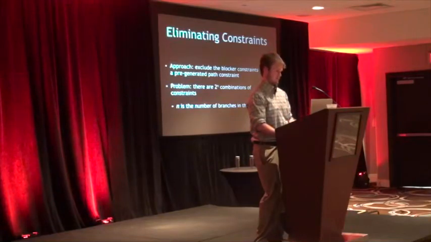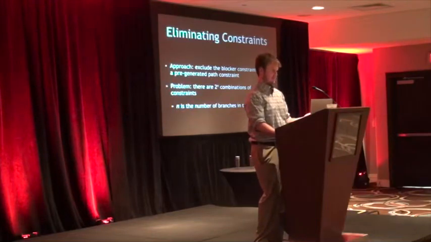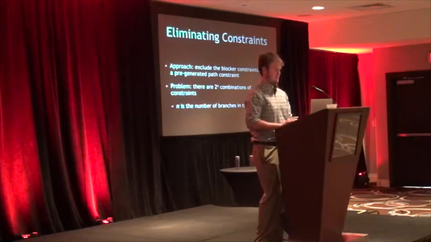So we're talking about 35 constraints. In that case, that's 2 to the 35th combinations that you might have to try for one of the most shallow bugs in that entire set of papers. So we can't do that. We have to find another way.